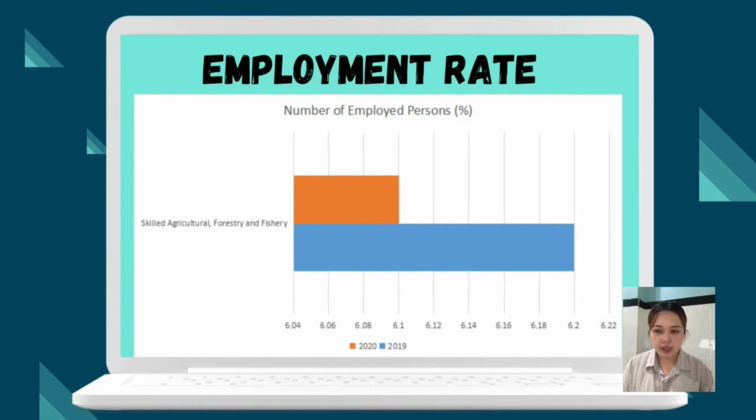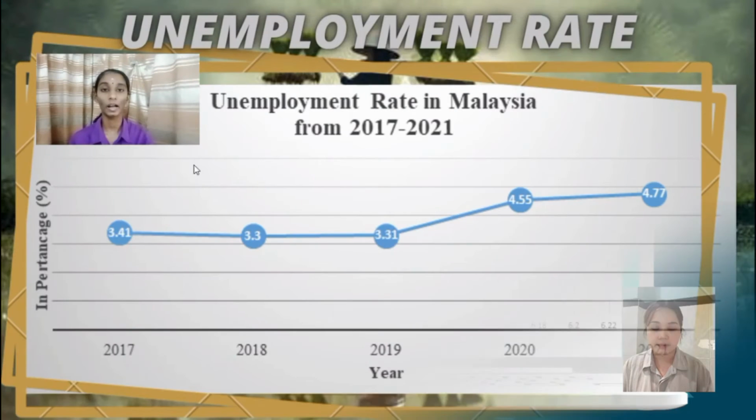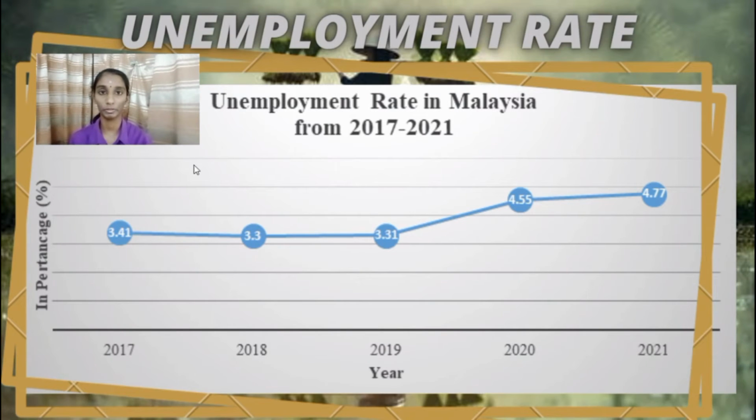Over and above that, the number of employed persons in 2020 fell by around 0.8% to around 15 million persons. As a conclusion, the COVID-19 pandemic affected Malaysia's economic and social environment, as well as the labor market in the agriculture sector. I will continue with the unemployment rate.